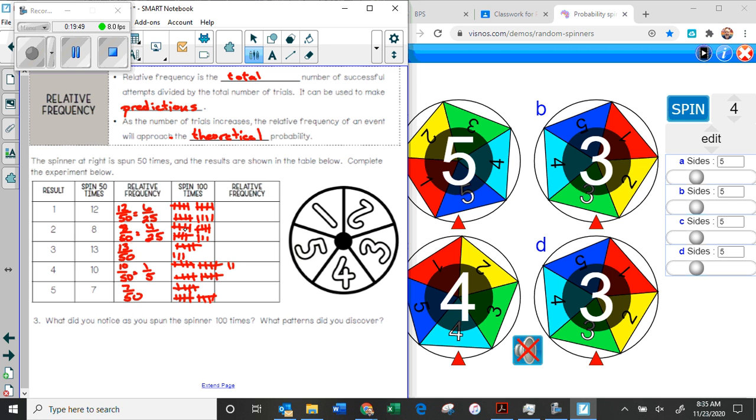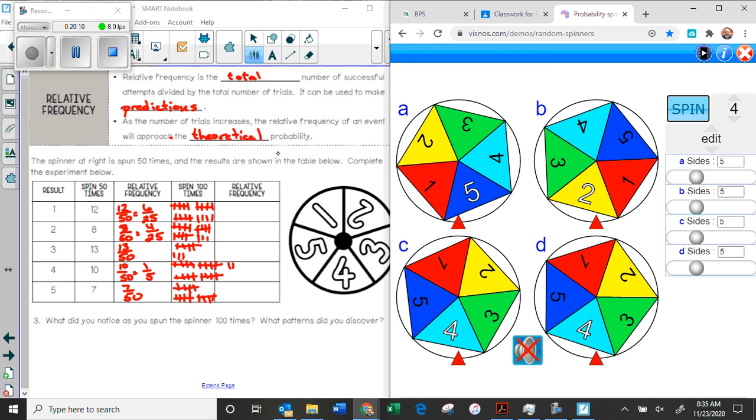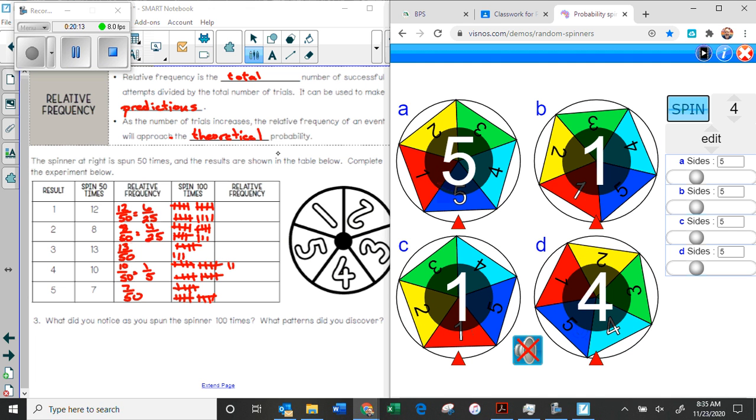5, 10, 15, 20, 25, 30, 35, 40, 45, 50, 55, 60, 65, 70, 72, 75. I must have miscounted somewhere because this isn't coming out to an even number.